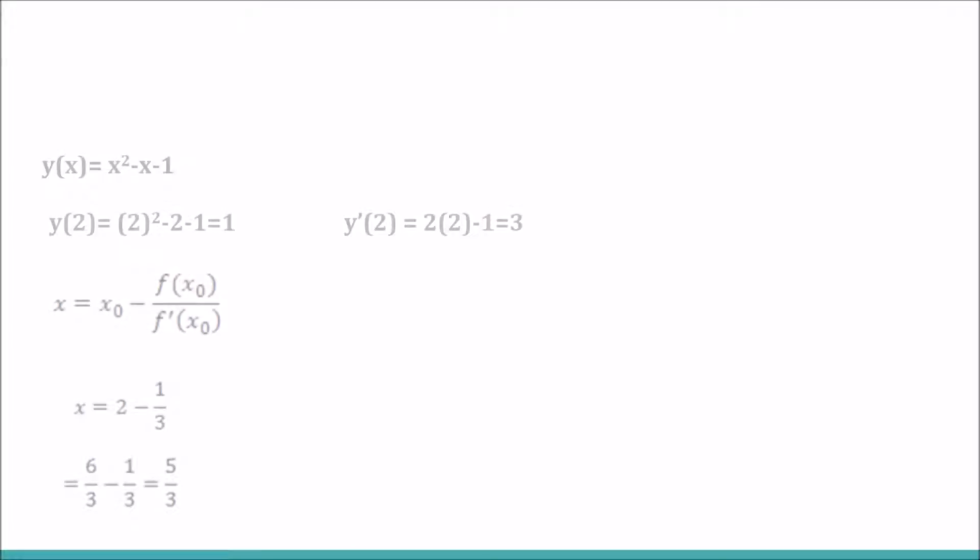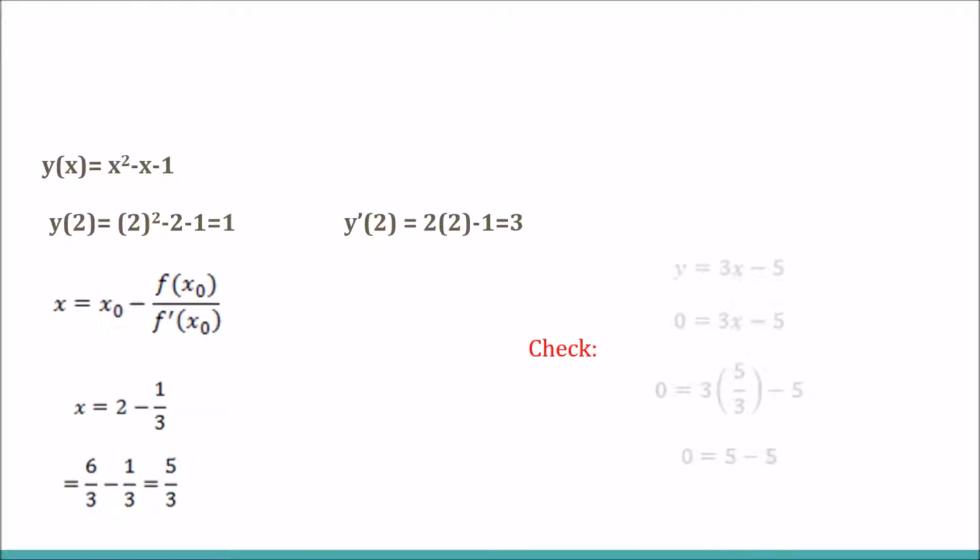Now to find the x-intercept of the tangent line. X naught equals 2, and we evaluate y of 2 and y prime of 2. Plugging into Newton's method, we get the x-intercept to be 5/3. We could check this by setting the tangent line equation to 0.